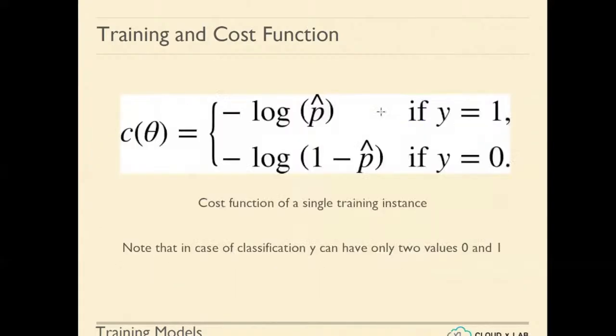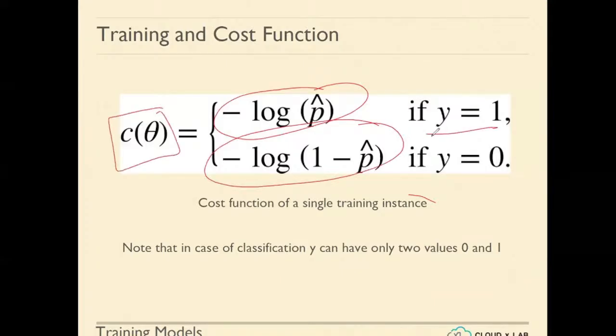Which means I can take these functions to make my cost function. If y is equal to 1, I will use this function. If y is equal to 0, I will use this function. Because what I finally want is, if the model is making mistakes, if the model is predicting wrong, then I want a high positive number as the cost function.